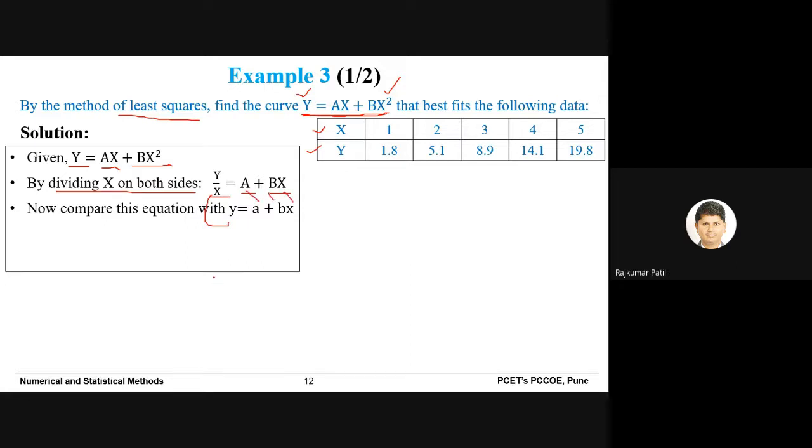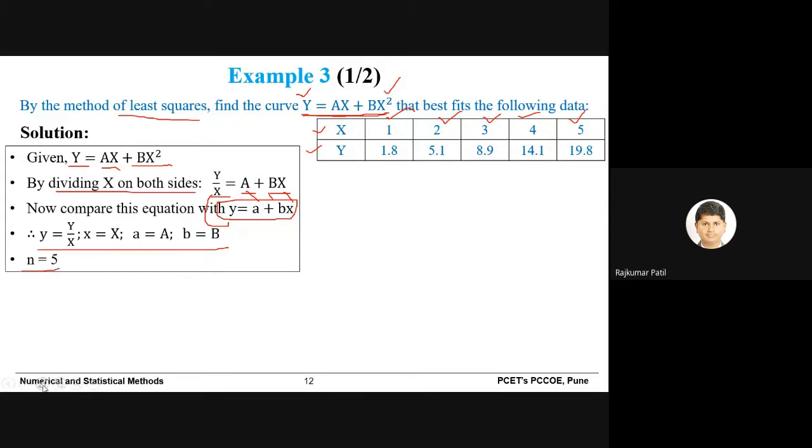So you can see here, this is a similar type of example, and therefore we put those values: capital Y is equal to y by x, small x is equal to capital X, small a is equal to capital A, and small b is equal to capital B, and we will get the simplified equation. And again, the total number of data points is 1, 2, 3, 4, 5. So 5 data points, so n is equal to 5.